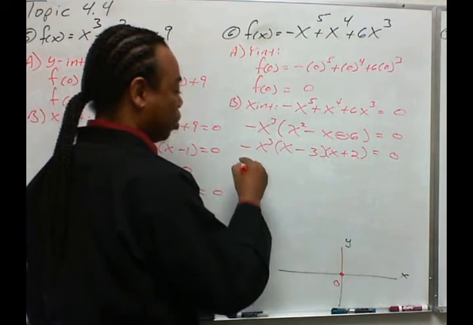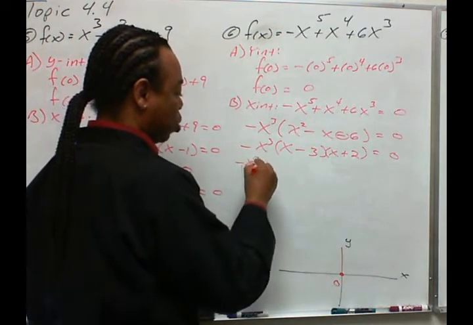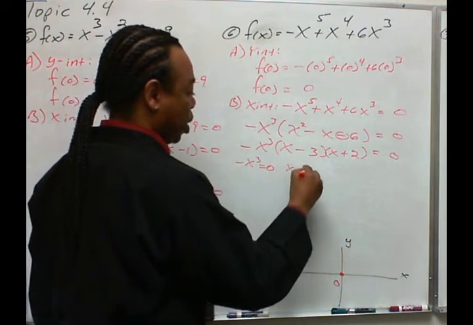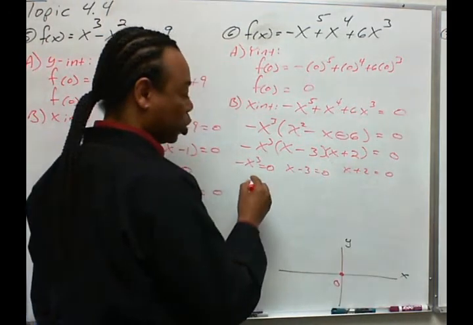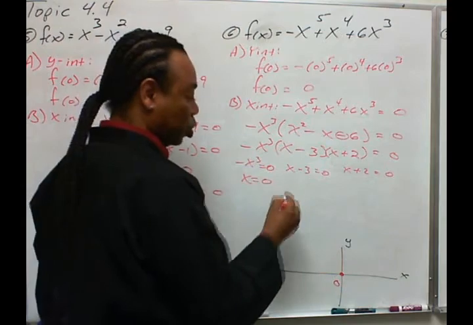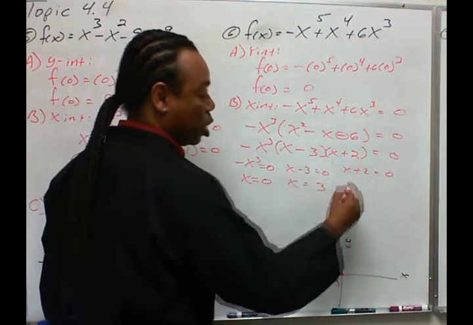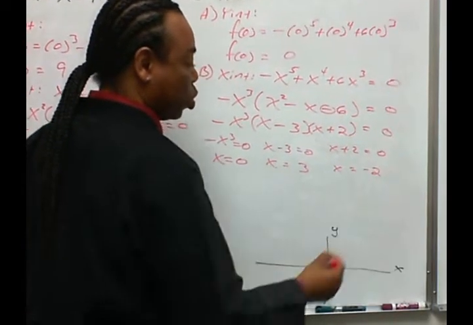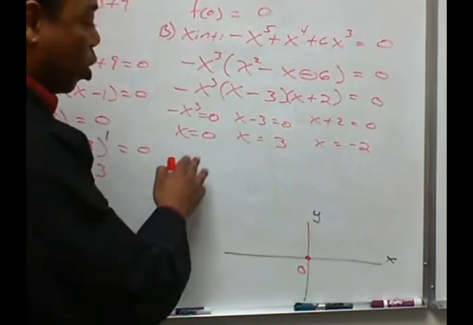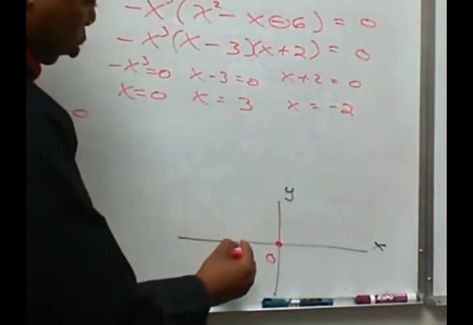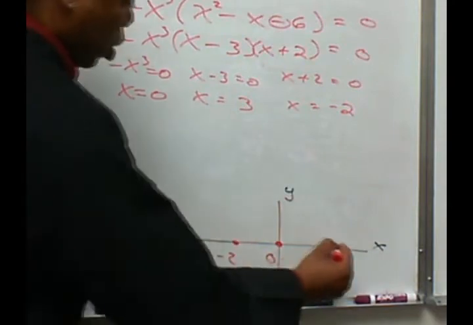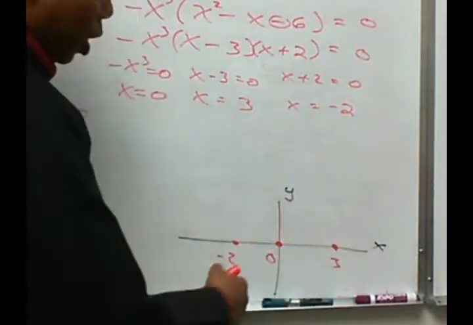Okay, now we have negative x cubed set equal to 0, x minus 3 set equal to 0, x plus 2 set equal to 0, and when you solve each of these, we'll get 0, 3, and negative 2 as solutions. So these are our x-intercepts. So 0, which is there, negative 2, we'll put that there, and 3, we'll put that there.